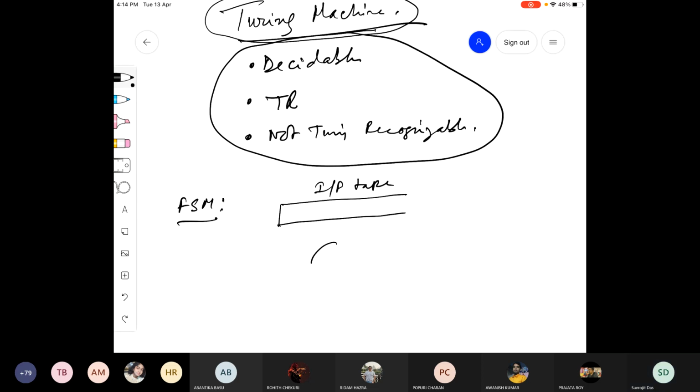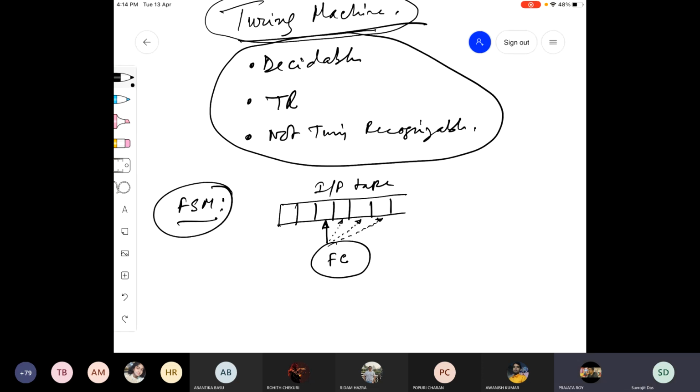And there was a head that was only allowed to move right, not allowed to move left. Do you remember that in case of finite state machines, DFA and NFA, you were only allowed to move right.